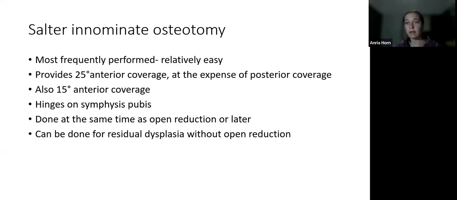It provides about 25 degrees of anterior cover at the expense of, and I think that's meant to say lateral, 15 degrees of lateral cover. It hinges on the symphysis pubis, which obviously limits until which age you can do it. They need a mobile symphysis, so six, seven is about the end of that. You'll do it at the same time as an open reduction or as a later procedure if there's persistent dysplasia.